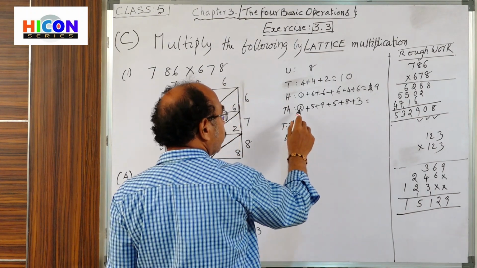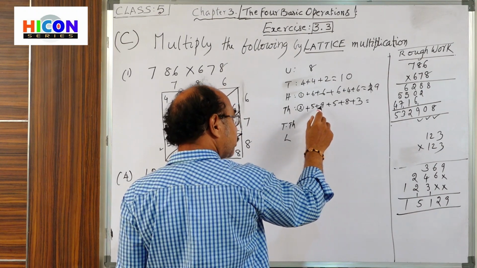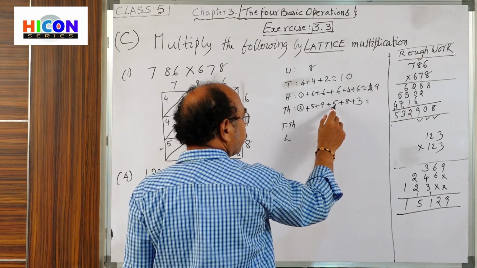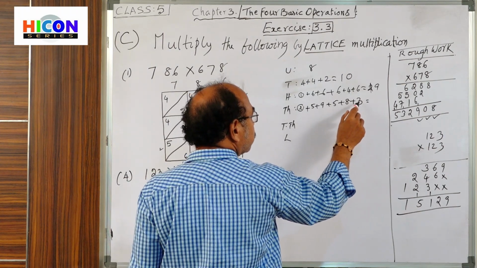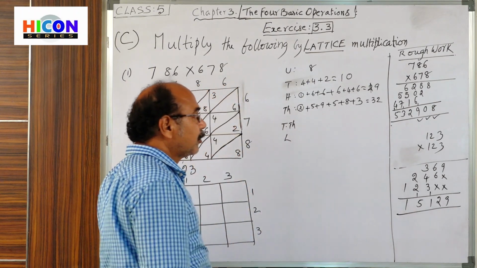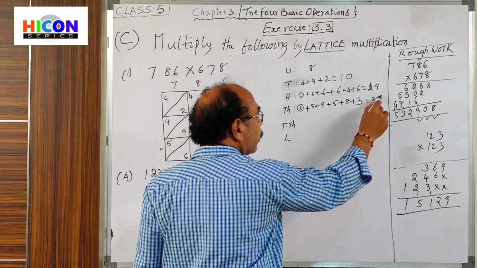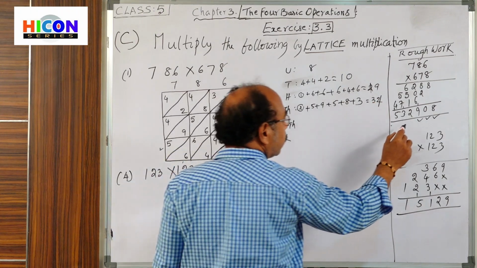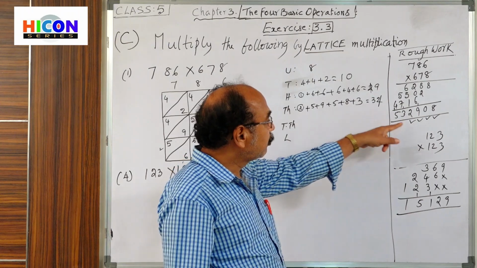See, children, adding here: 5 plus 2, 7. 7 plus 9, how much? 16. 16 plus 5, 21. 21 plus 8, 29. 29 plus 3, how much? 32. So this 2 is there, in the actual multiplication that 2 is there.